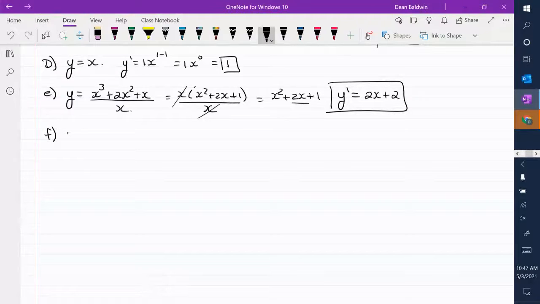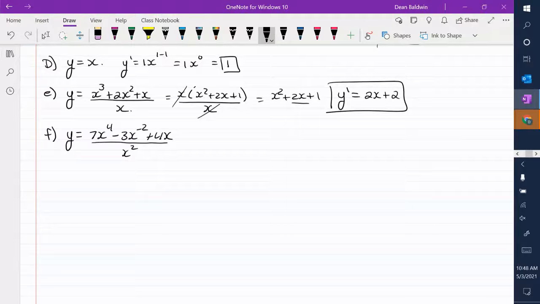One more. Now we need to rewrite this. Now you can factor, it's the same thing as the one above.